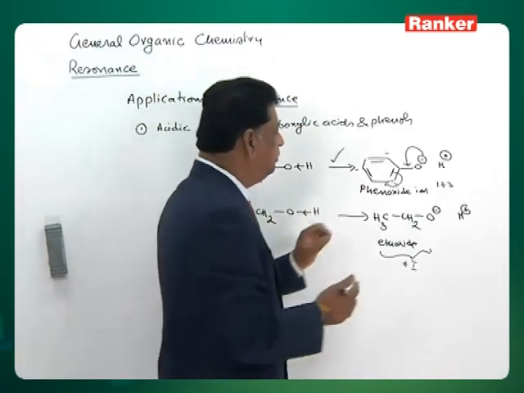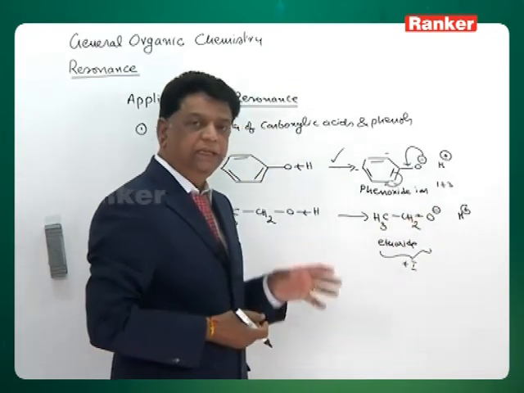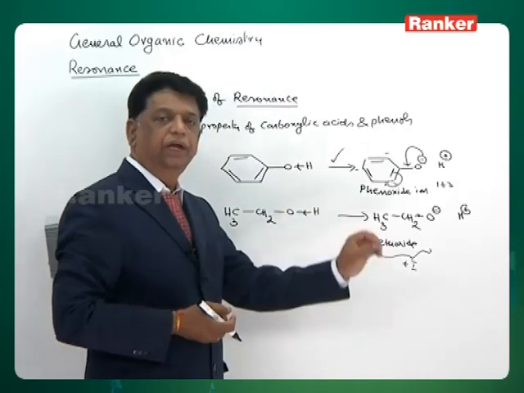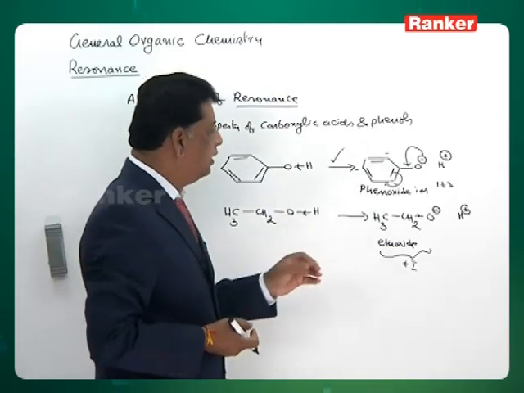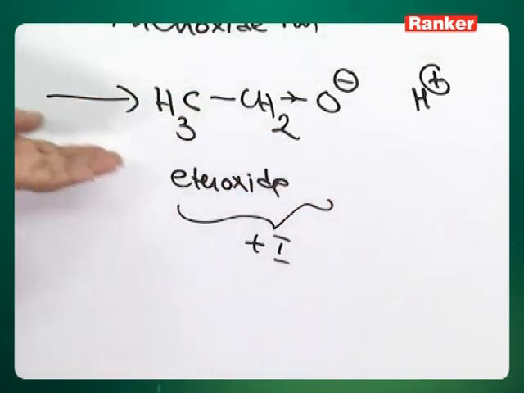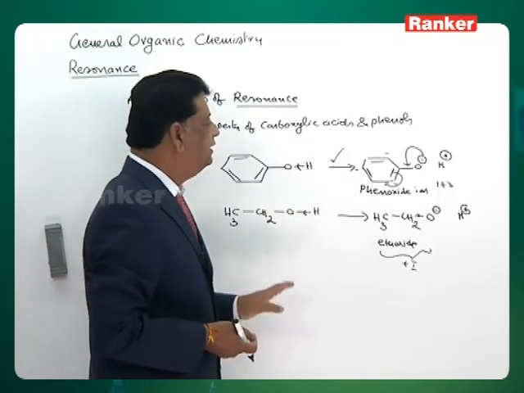So if it shows a plus I effect when attached to the oxygen, which already has excess electrons, and this ethyl group starts donating electrons through the sigma bond, the minus charge problem is increased because this is also giving. So the problem is increased, meaning it gets destabilized.